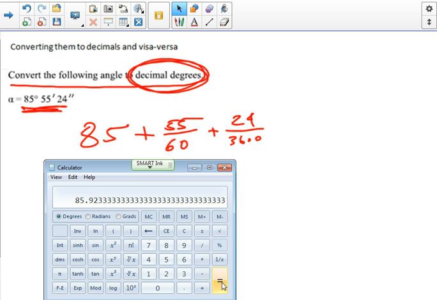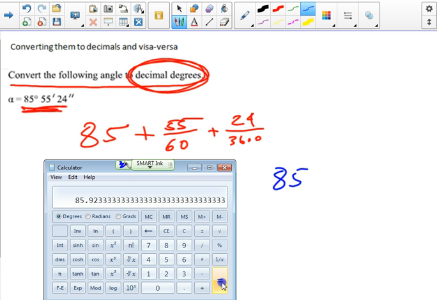So the angle would come out to be, in decimal form, 85.92333, so forth, degrees. And then I could put that in my calculator and just be happy and go on about my business.